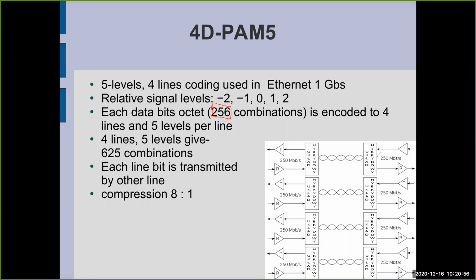So every line worked at a speed of 250 megabits per second. I think it should be even less. So it should be not 250, but 128 megabits per second. So look, we have the transmitter which operates at lower speed, but the transmission throughput was 1 gigabit.